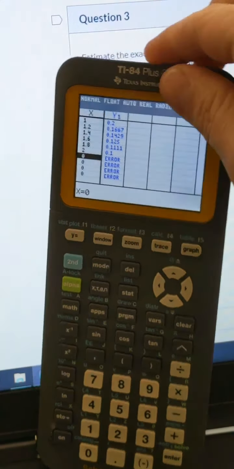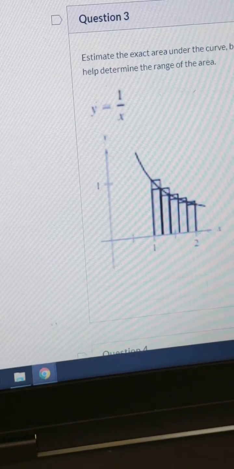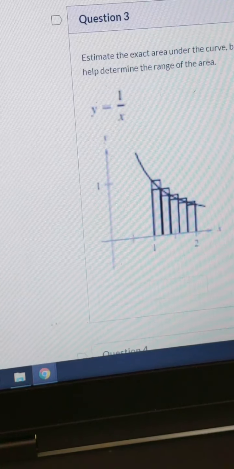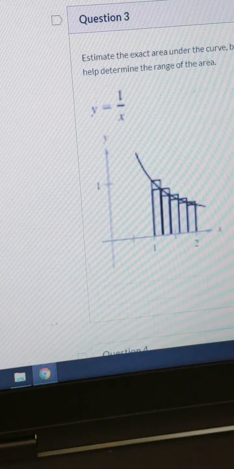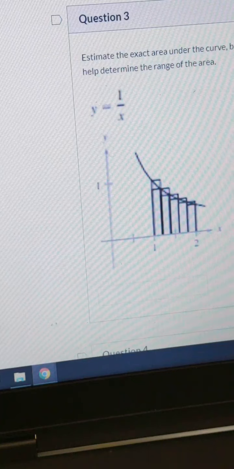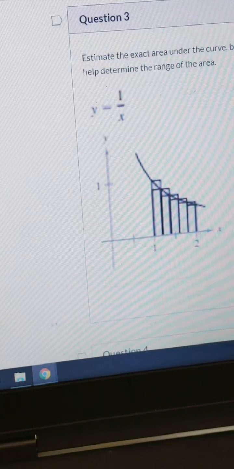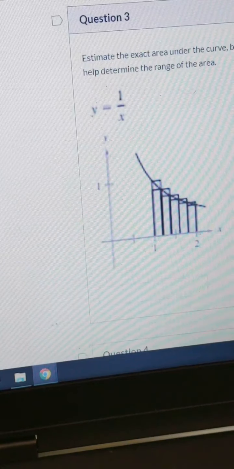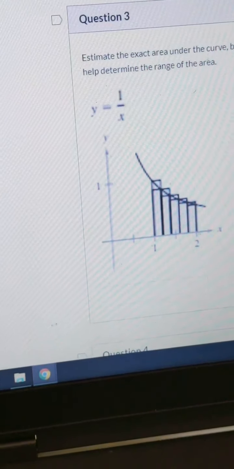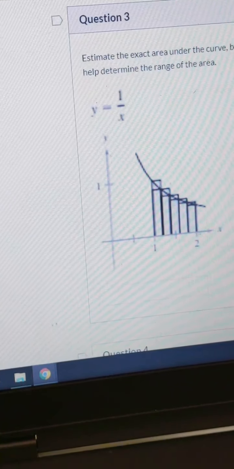I'm going to add them up. So I got 0.2, 0.1667, 0.1429, 0.125, 0.1111. And I'll add the right edge list up as well.